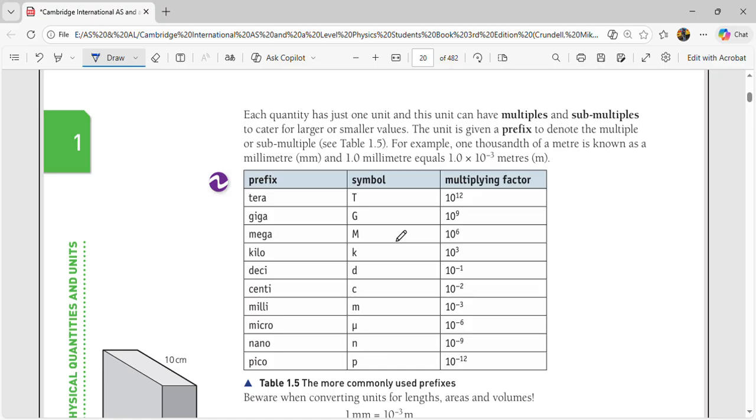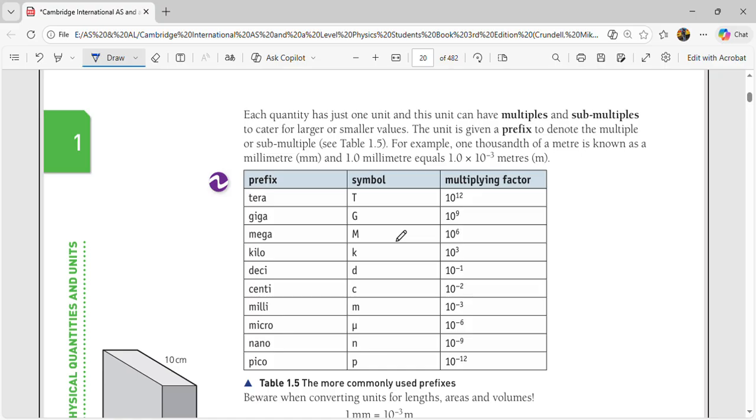And then we need to know how to convert units for some values, from one unit to another, maybe from smaller units to bigger units. So the trick is simple.